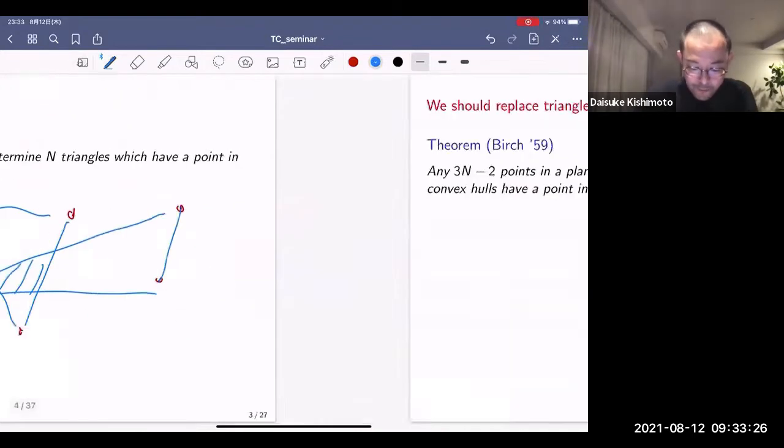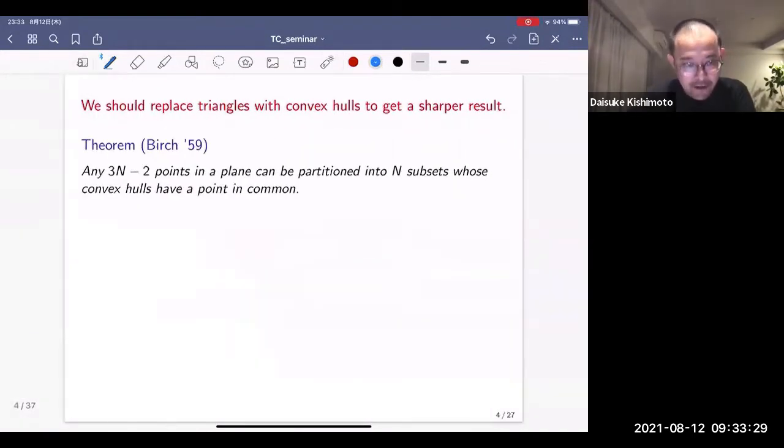Okay, so let's move to a better result. I mean, if we replace triangles with convex hulls, then we get a sharper result. Okay, so suppose you have 3n minus 2 points in a plane. Then you can divide these points into n subsets whose convex hulls have a point in common.